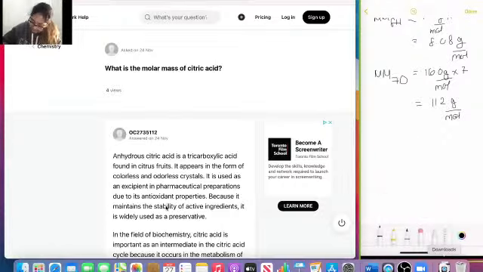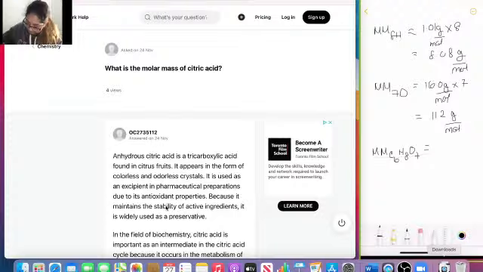And so the last step would be to find the molar mass of citric acid, C6H8O7, and you would add all this together. So you would add 72.06 plus 8.08 plus 112.0 grams per mole.